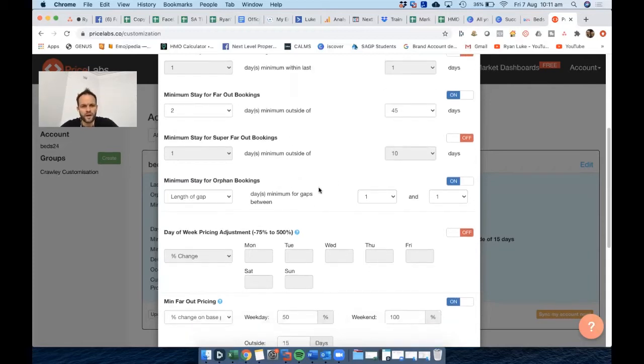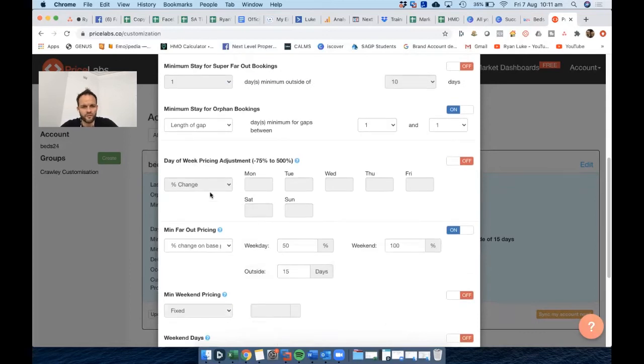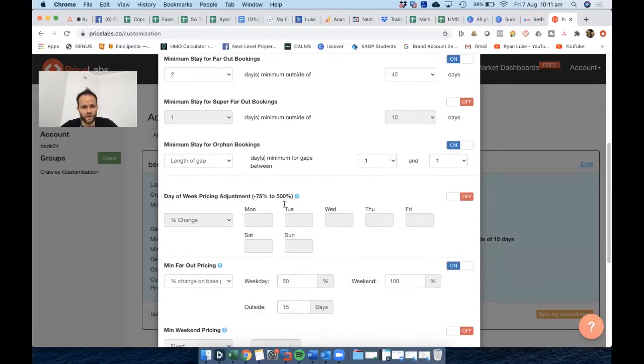So what I've then got is my uplift for my day of the week pricing, which I've actually got set on each property, because each property is different. And again, this comes with experience of knowing your property. Whilst tools like Pricelabs are good, they don't always know your property as well as you do, or know your area as well as you do.